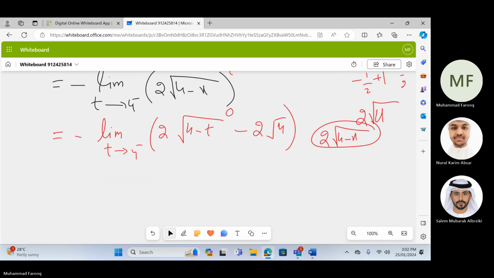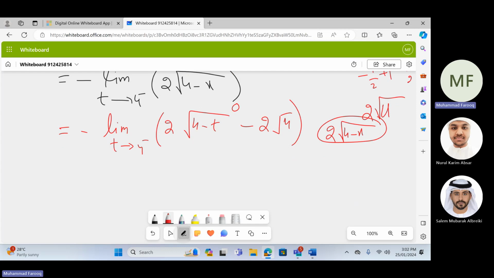Now apply limits, please. When t takes 4, put here 4 minus 4, which is 0. This part is finished. Now I have a negative sign and this negative sign, which is positive. So 2 times 2, what is the answer? 4.